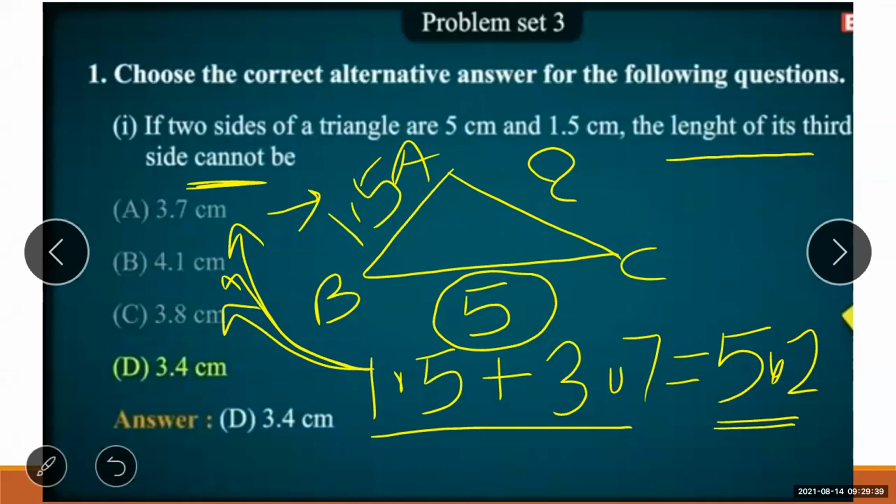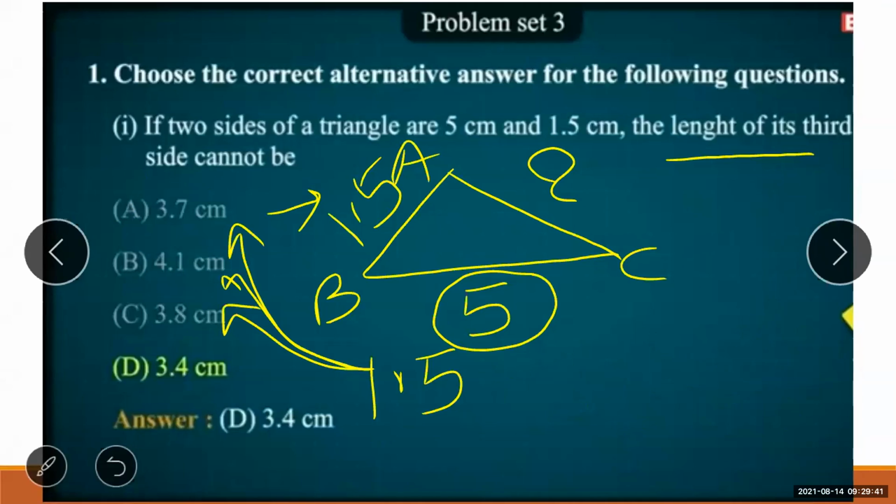Now see, to 1.5 I will add another option, that is 4.1.